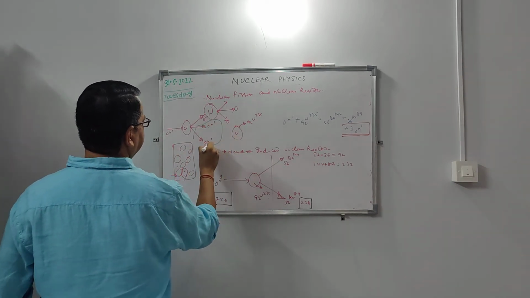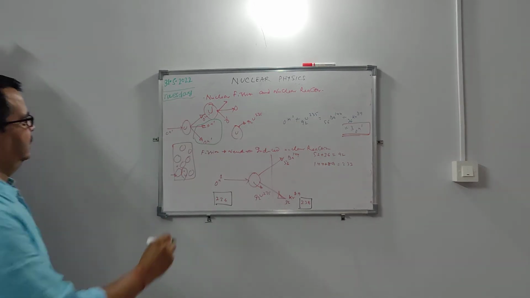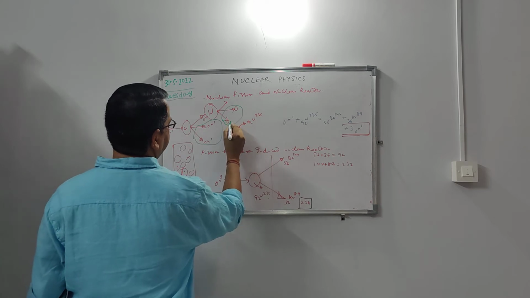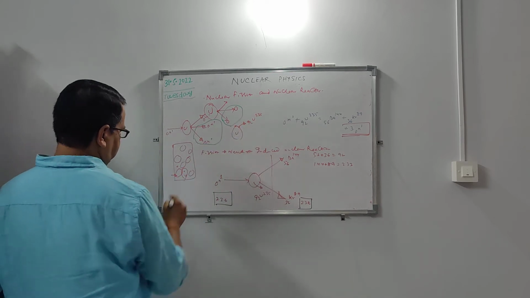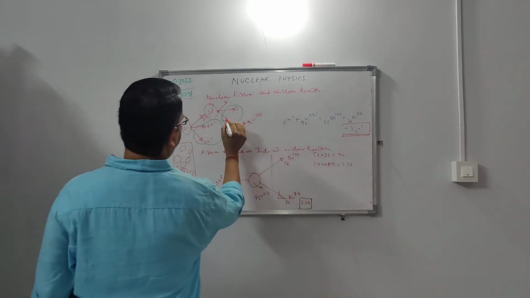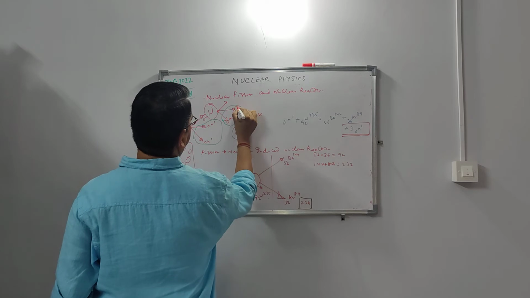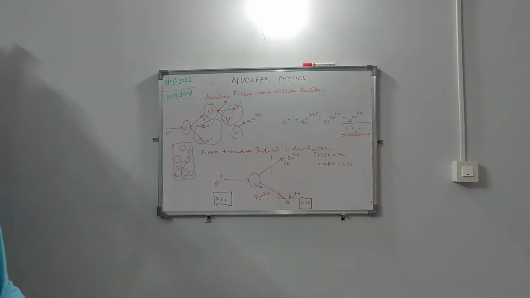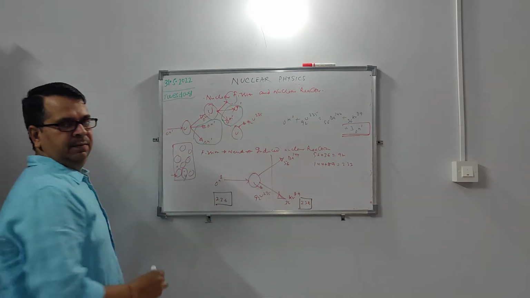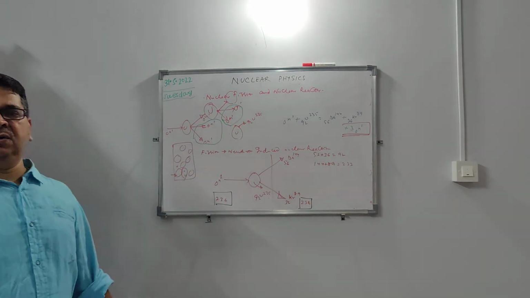So you just take control of this. Then again it will hit another uranium. Like this it will be a controlled chain reaction.